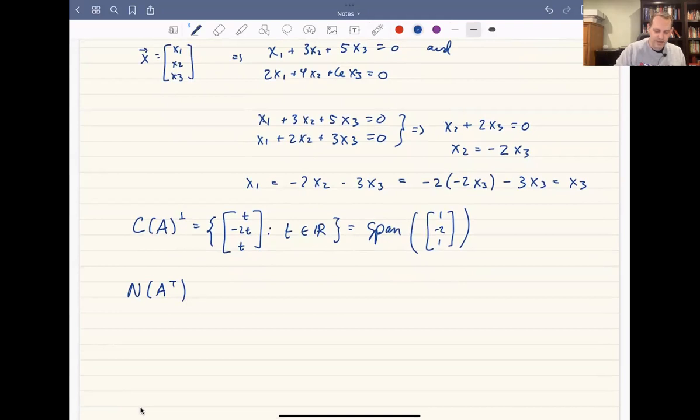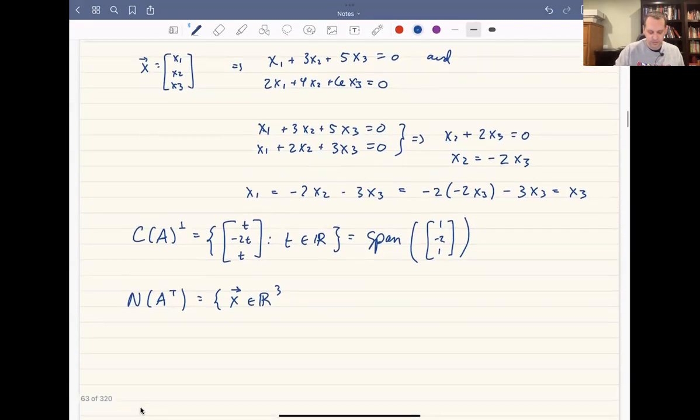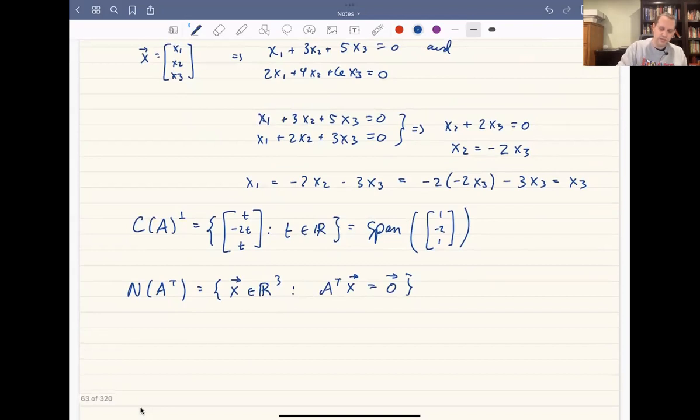So remember, the null space is going to be the set of vectors, based on the fact that A is a 3 by 2 matrix, A transpose will be 2 by 3, and therefore X will be in R3, but where A transpose times X is equal to the 0 vector. So X is a 3 by 1 vector. The 0 vector here is the 0, 0, a 2 by 1 zero vector in R2. And A transpose is a 2 by 3 matrix because A is 3 by 2.